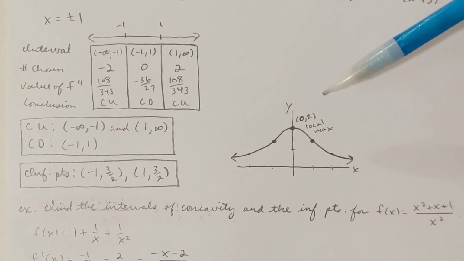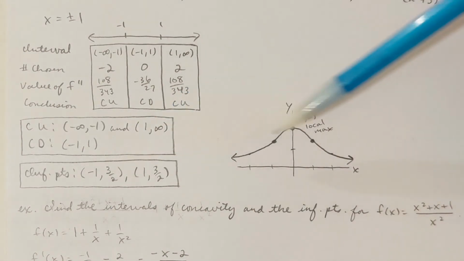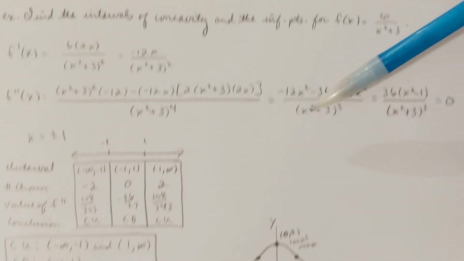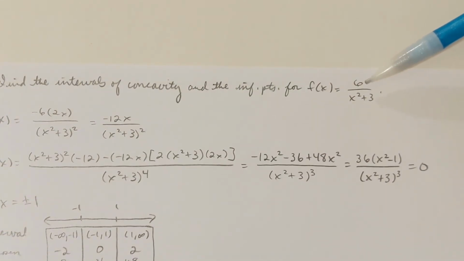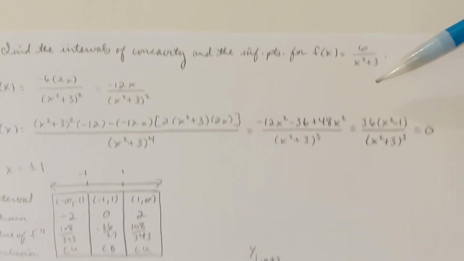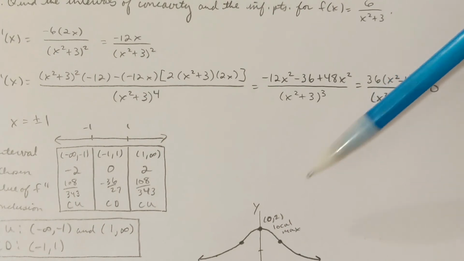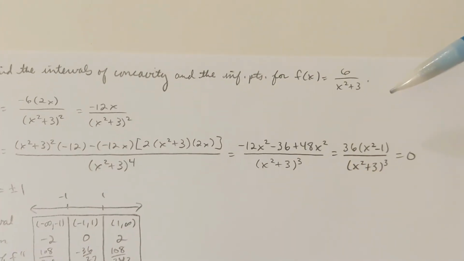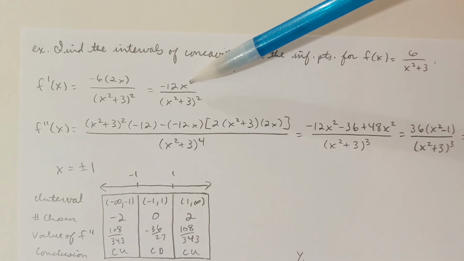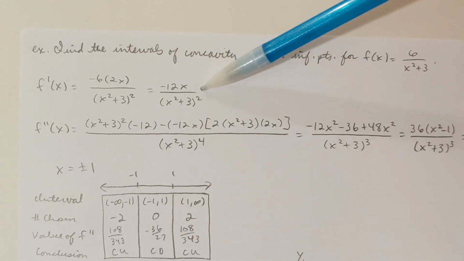Well, let's see. If I plot these 2 points, the inflection points, and also if x is 0, I get 6 over 3 is 2. By the way, 0, 2 would be a local max. Now, one way that I can see that is because of the increasing and decreasing test.